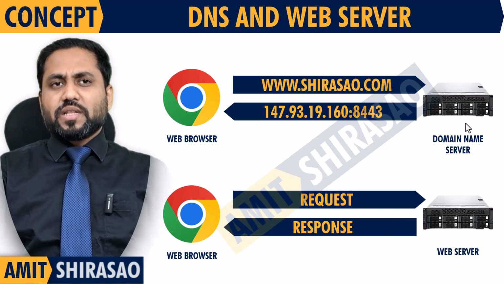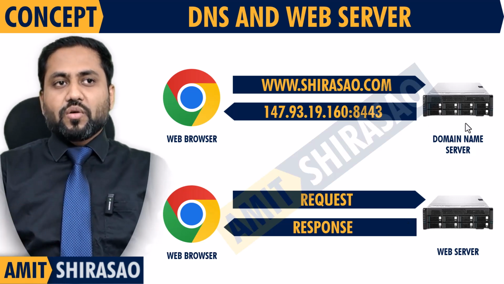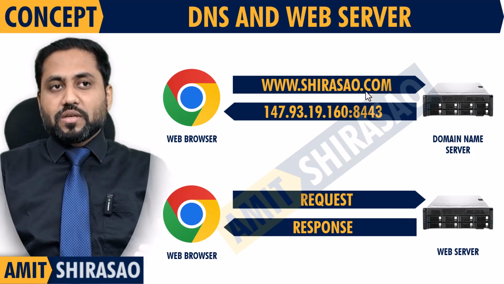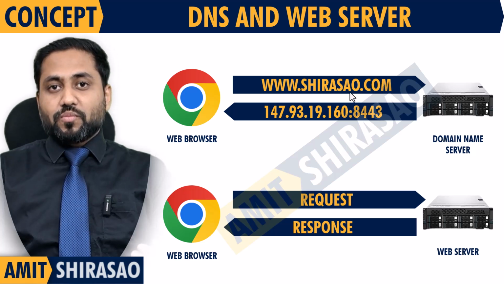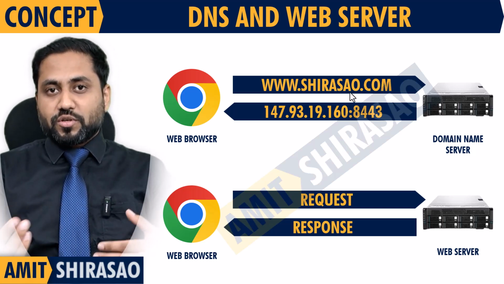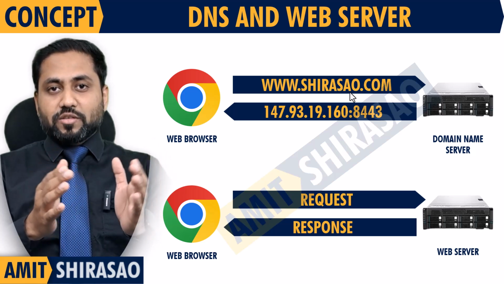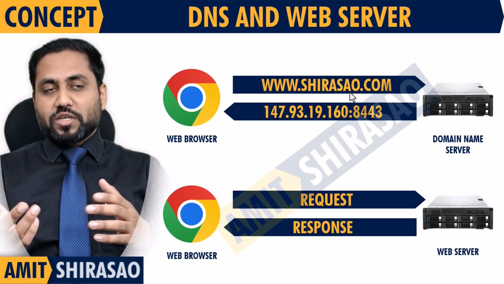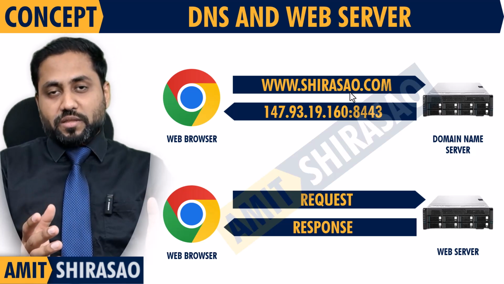A DNS server is like a dictionary. It tells your browser what a domain name means. So whenever you say shirasao.com or google.com, microsoft.com, amazon.com, anything .com or .in or .org is basically a domain.